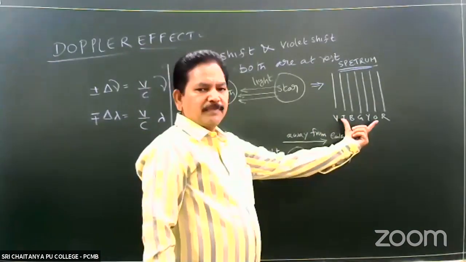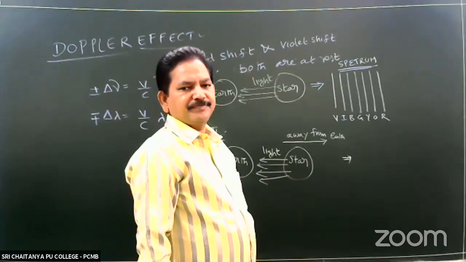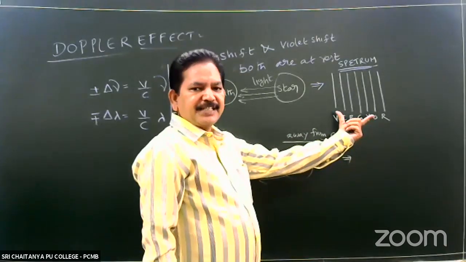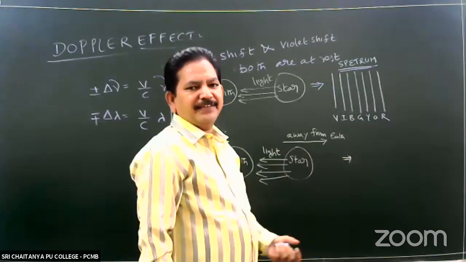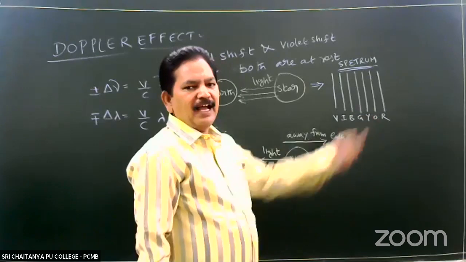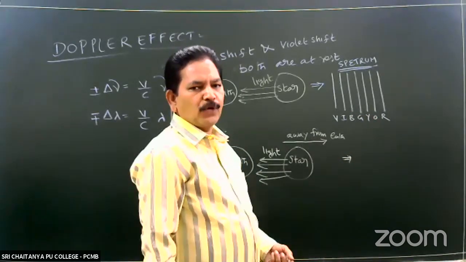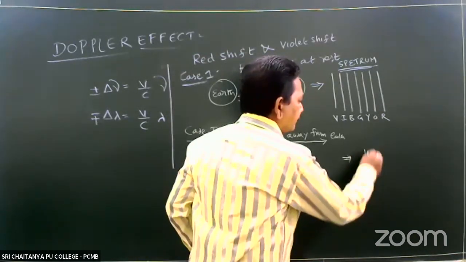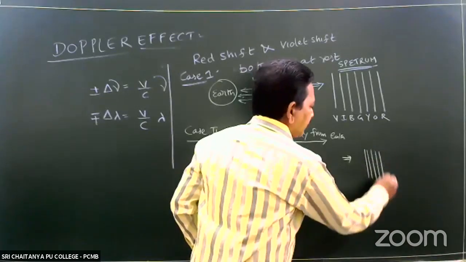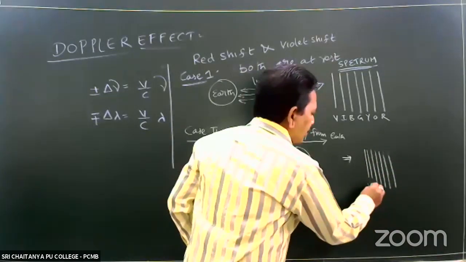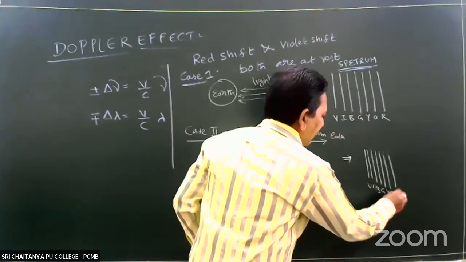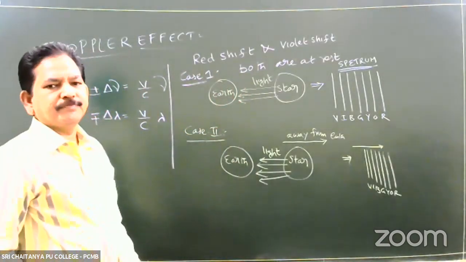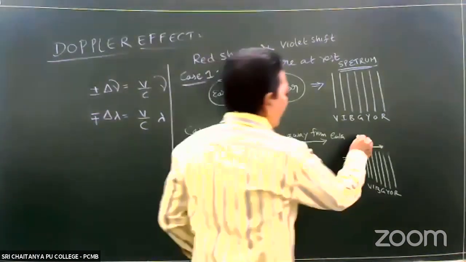The entire spectrum is shifted towards red color, towards longer wavelength. Violet is 4000, red is roughly 8000. So the entire spectrum is shifted towards red color.